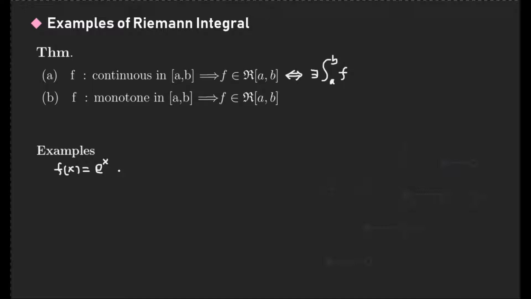If we consider, for example, the integral from 0 to 1 of e to the x dx, we studied this by the fundamental theorem of calculus. It is easier to calculate the integral by finding the antiderivative, and the antiderivative of the exponential function is still exponential.